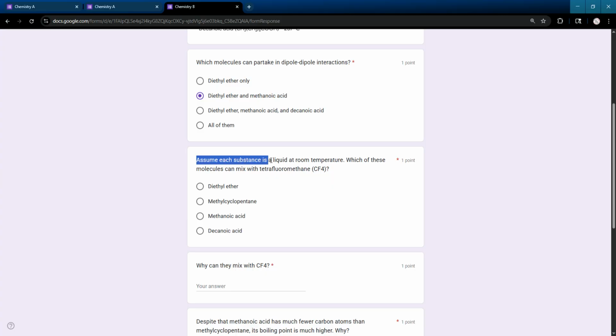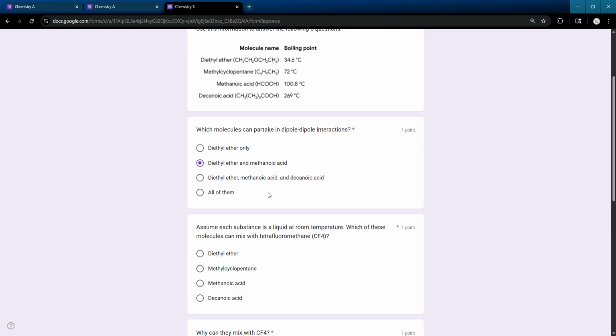Assume each substance is a liquid at room temperature. Which of these molecules can mix with tetrafluoro...? Maybe this one, because it has such a low boiling point.